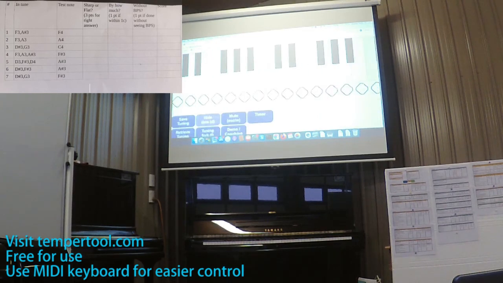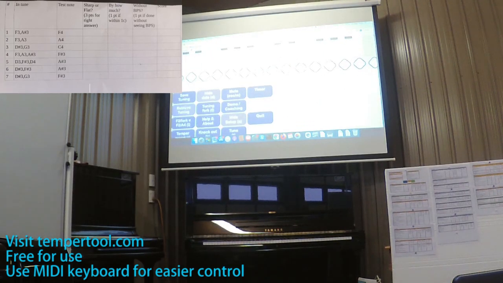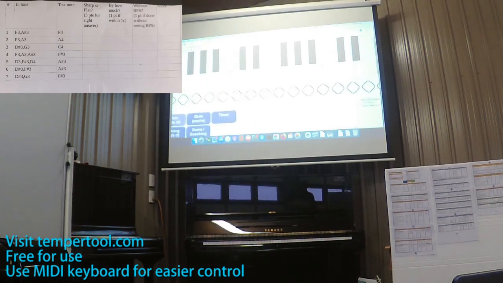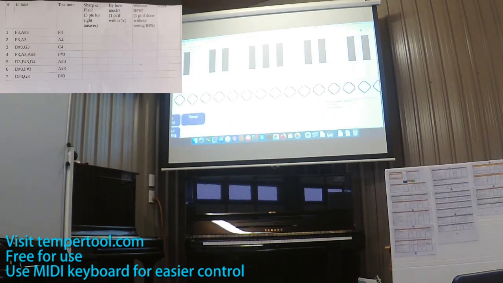One more for fun, and this one's easy. In this case, we've tuned A, and the next question is where's F?